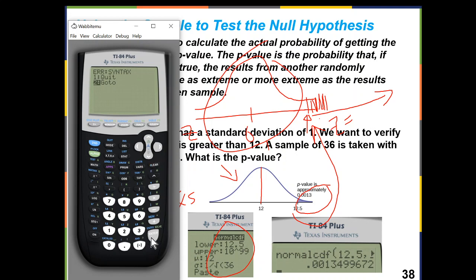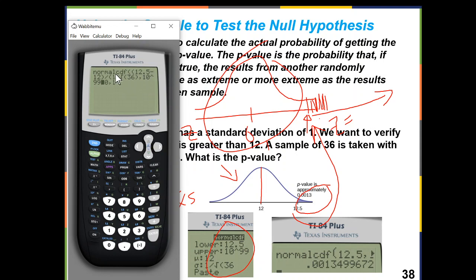Well, no, I have an extra somewhere. Oh yeah, I'm missing a parentheses somewhere. Oh, here. Okay.